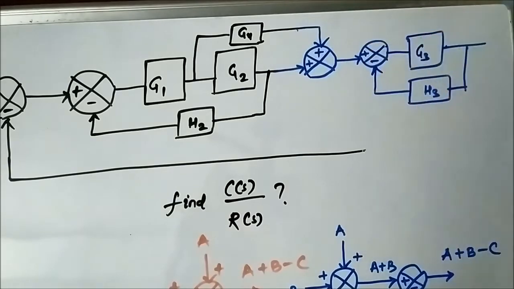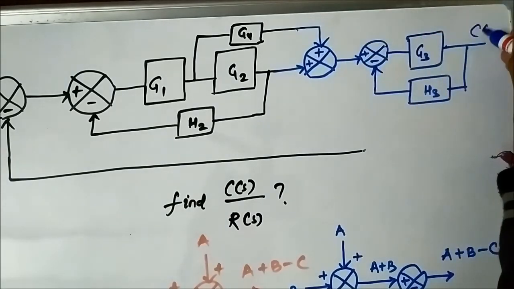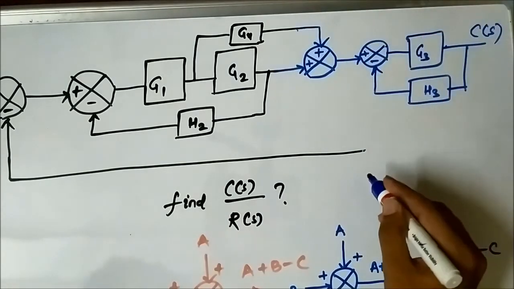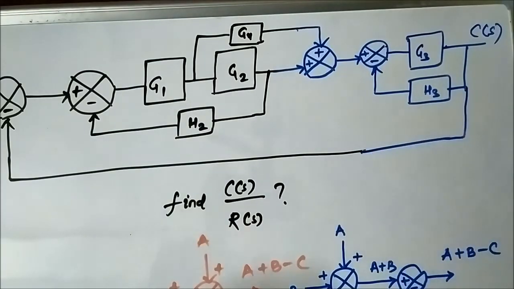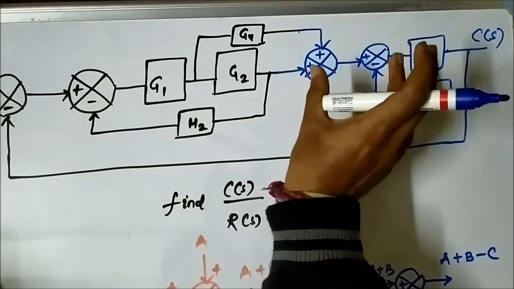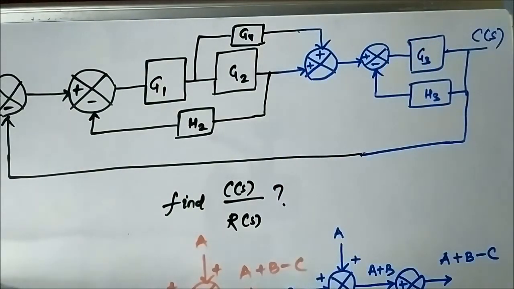So we have split the summer into two parts. This is the output. So we have split the single summer into two parts.